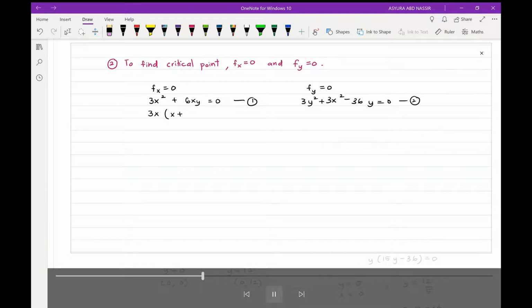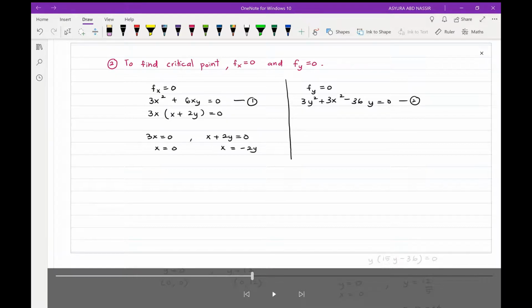When you simplify, you will factorize as 3x times (x plus 2y) equals to 0. So from here you will get your x equals to 0, and another one, we have your x is negative 2y. For the second equation you don't have to simplify because you cannot factorize your x and y.